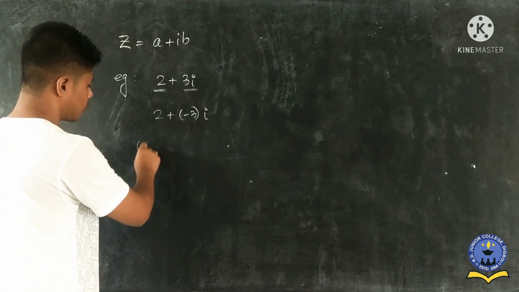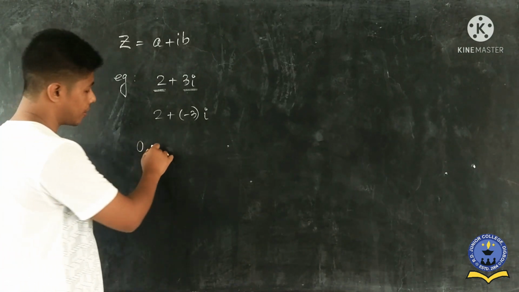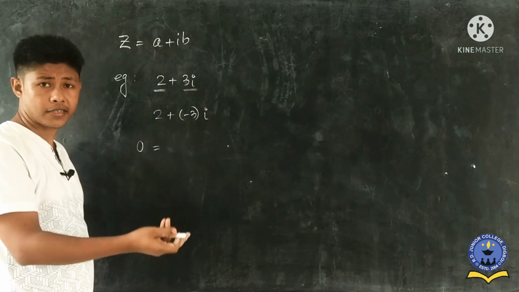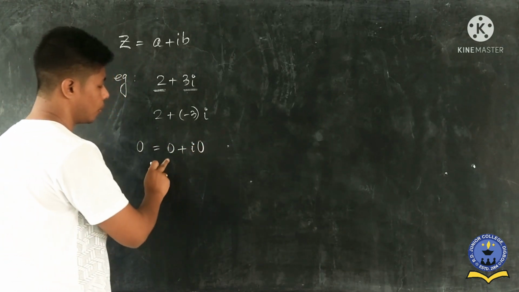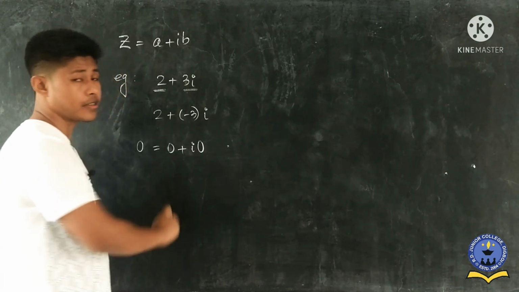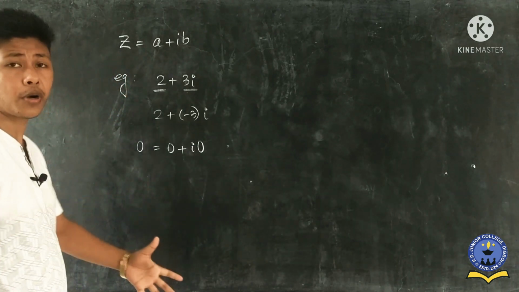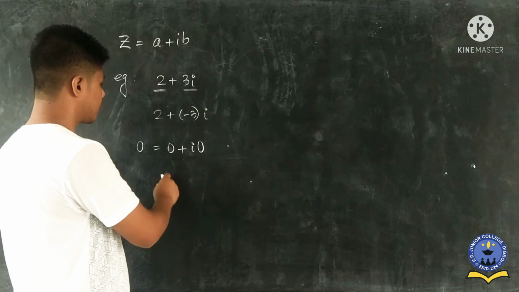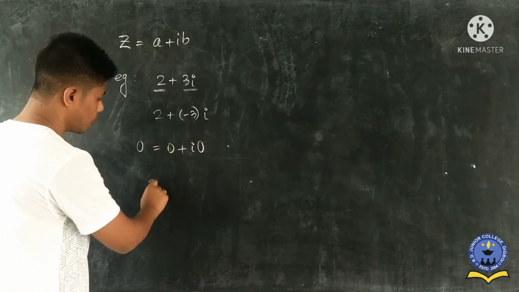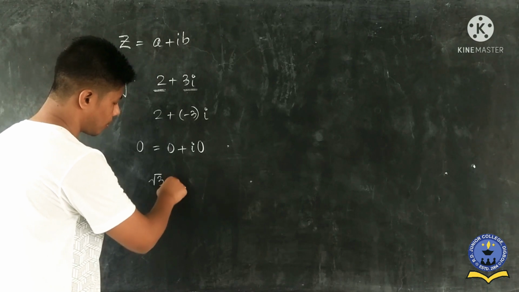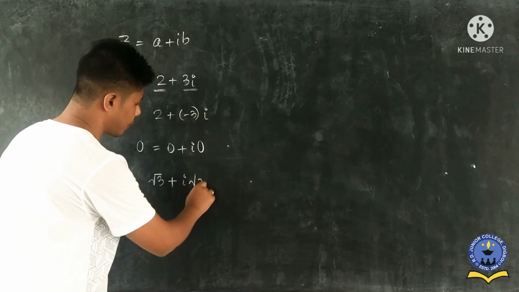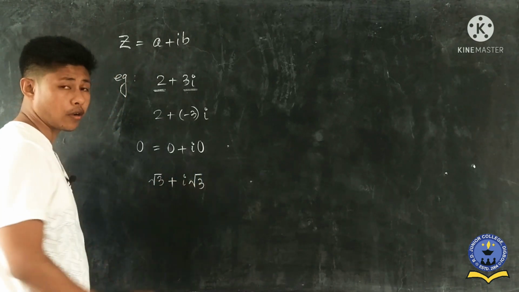For example, 0 is a real number, and if we represent it as a complex number we write 0 plus i into 0. Similarly, consider root 3, a real number, plus i into root 3. Again this is a complex number.